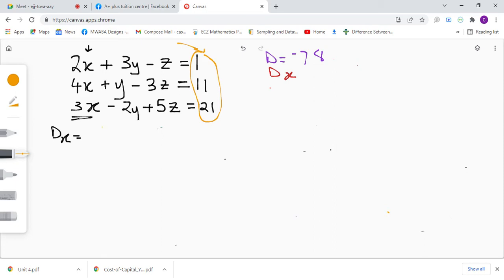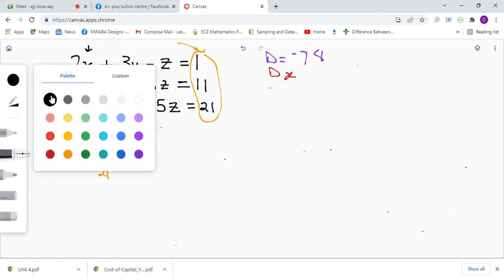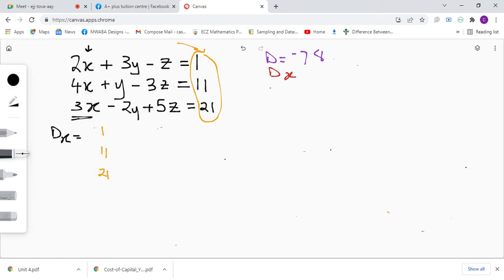So in our column, we're going to have, in our first row, 1, 11, and 21. Okay, then we write our values: 3, 1, -2, -1, -3, and 5.